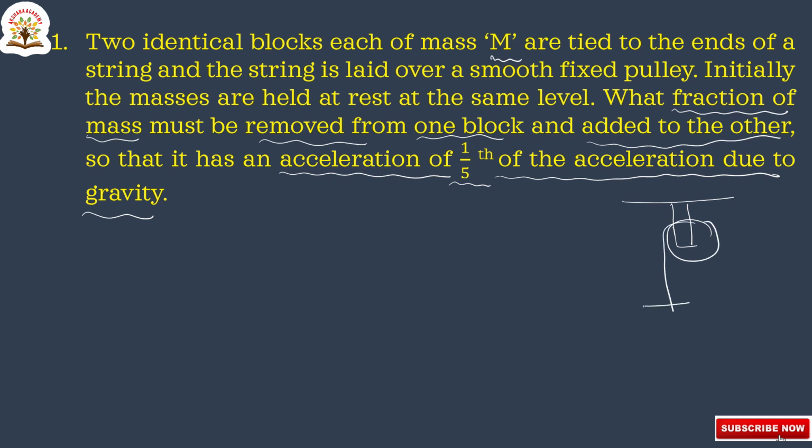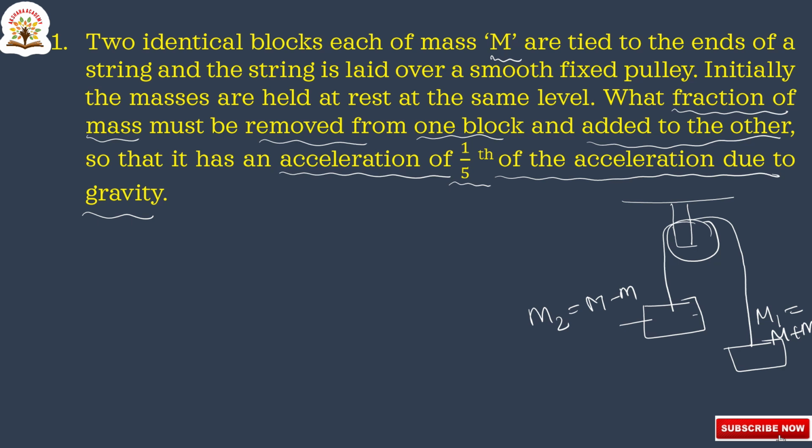Here one block contains mass m2 equal to capital M minus small m, and another identical block is laid over a smooth fixed pulley, and this is mass m1 equal to capital M plus small m.